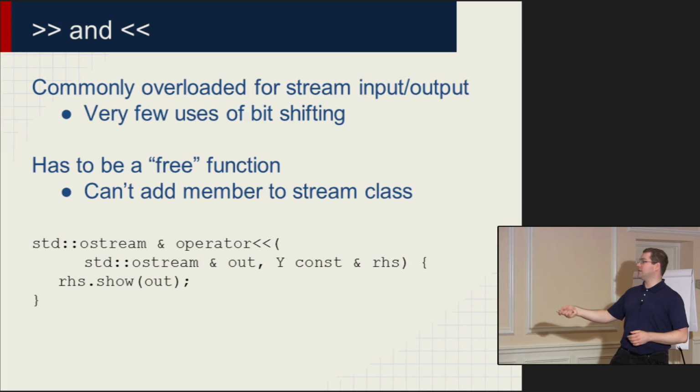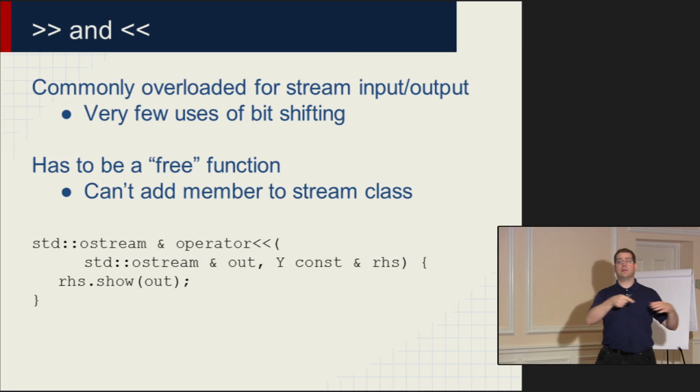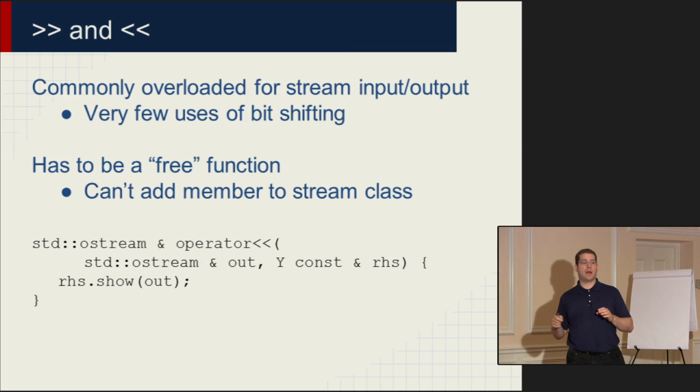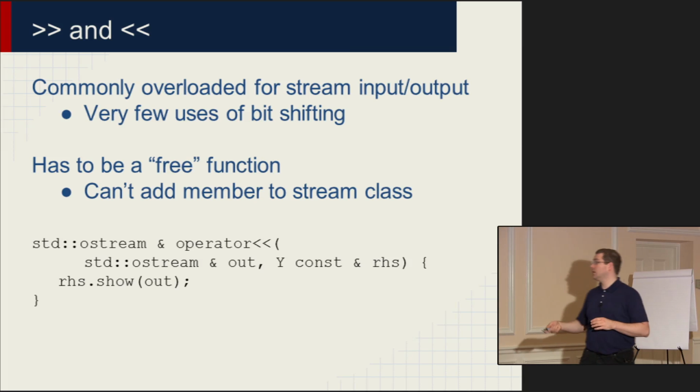And so this is the signature you would see very commonly: you would have standard OStream reference. So you would return a reference to the standard OStream so that you can do that chaining, so the multiple output operators on the same line.